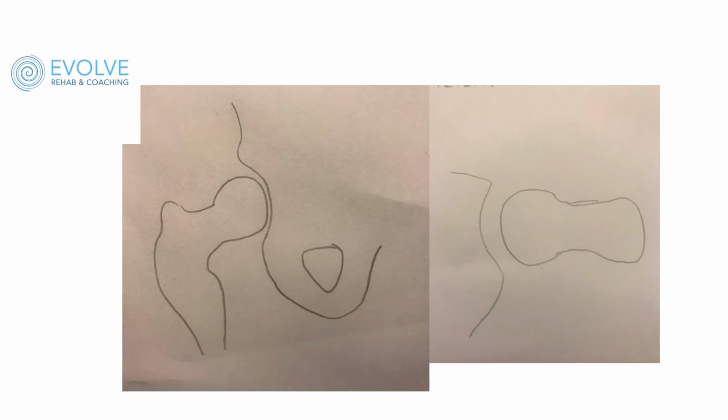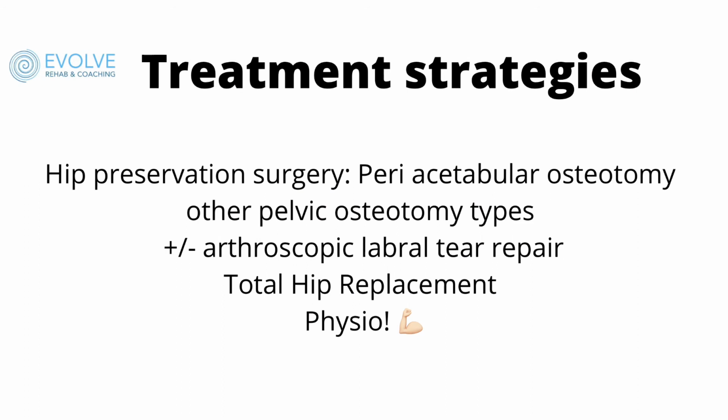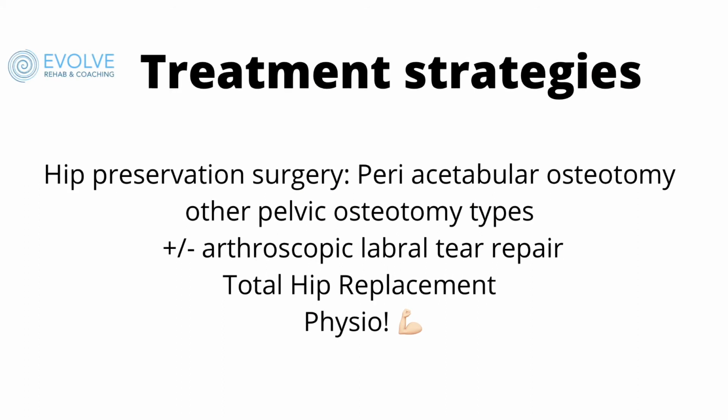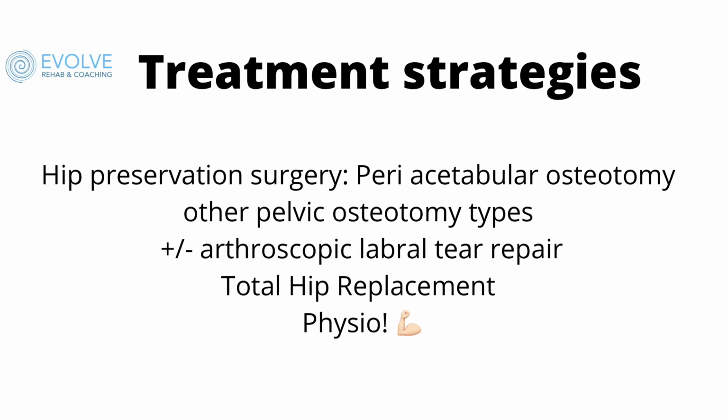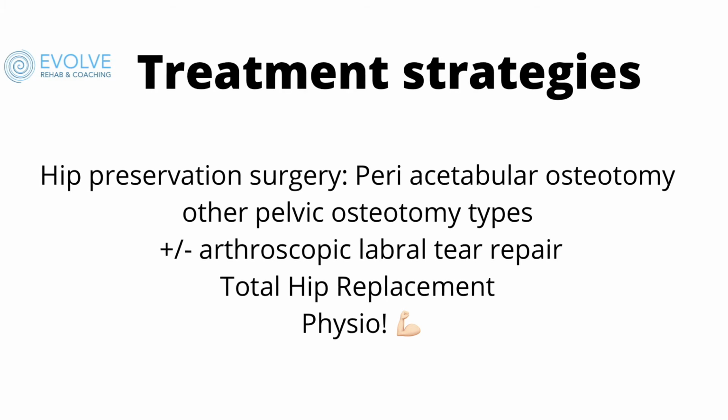So treatment strategies for hip dysplasia, you really need surgery, unfortunately. Ideally, surgeons like to do a hip preservation surgery, such as a periacetabular osteotomy. There are other osteotomy types, but the PAO is the preferred and most common type.